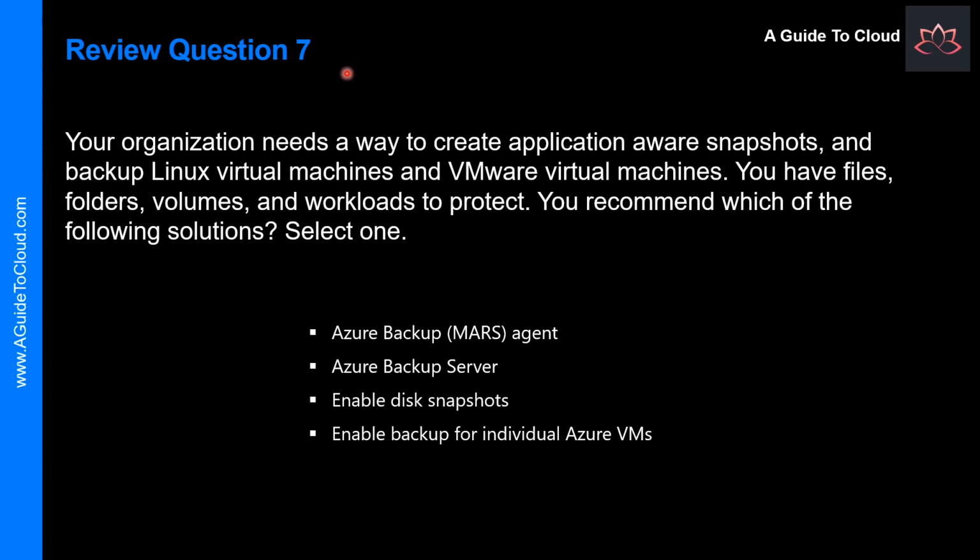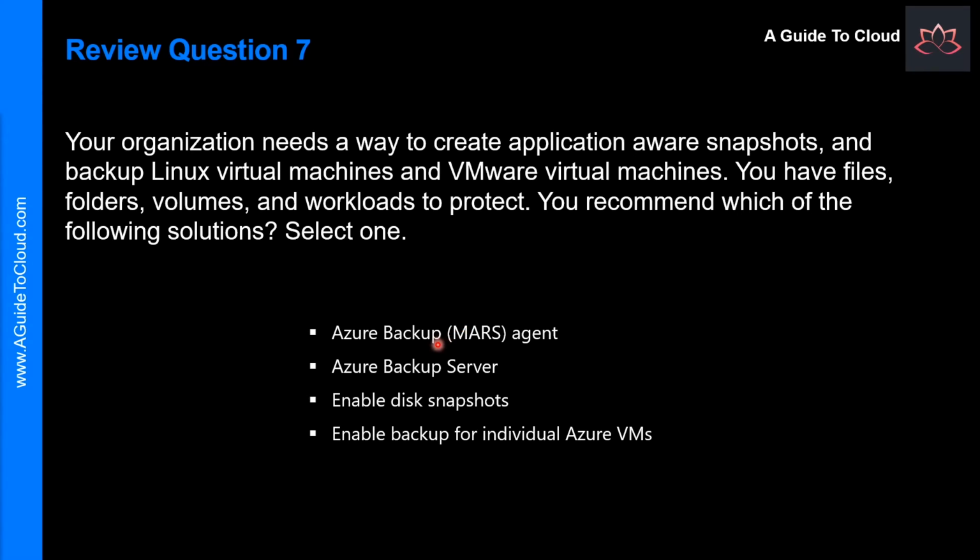Let's look at question number 7. Your organization needs a way to create application-aware snapshots and backup Linux virtual machines and VMware virtual machines. You have files, folders, volumes, and workloads to protect. You recommend which of these following solutions? Select one.